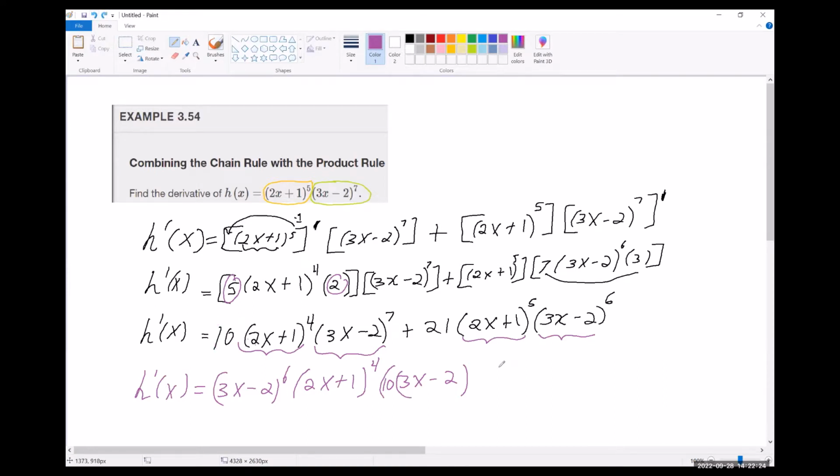And then there's the 21. And I only took out 4 of these.